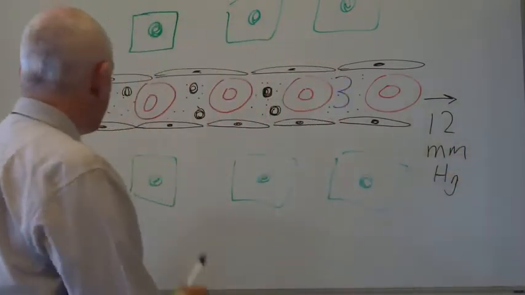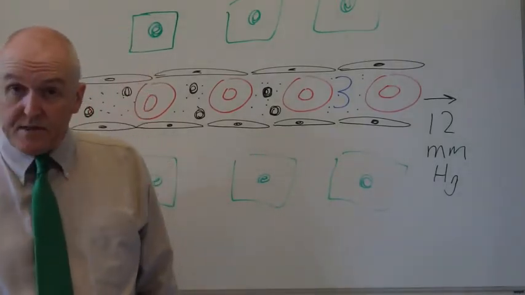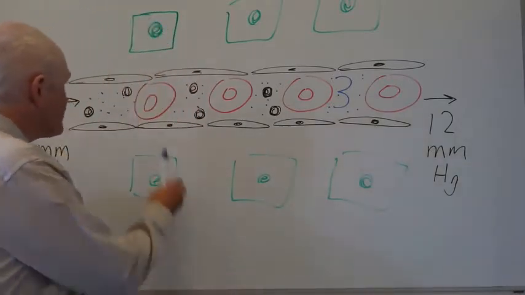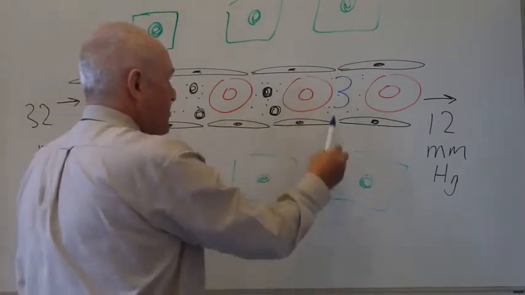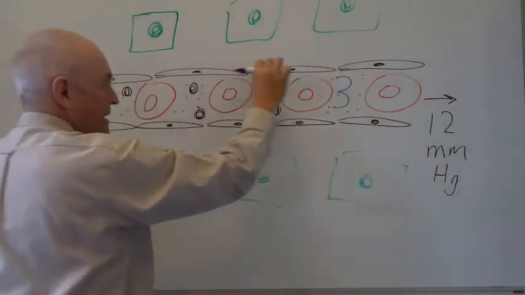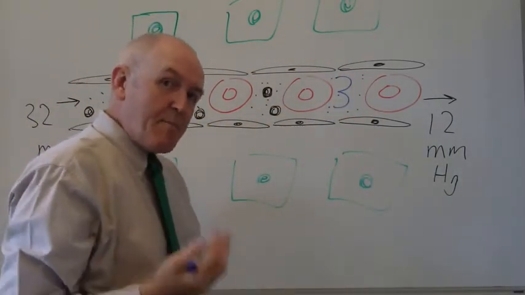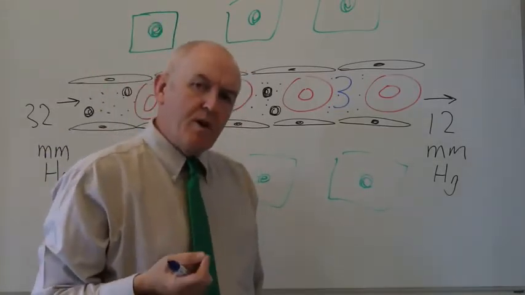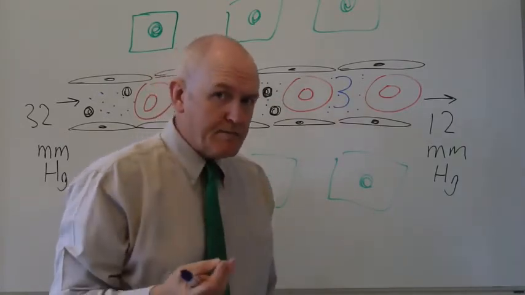So we see that the hydrostatic pressure is going to be higher at the arterial end of the capillary compared to the venous end of the capillary. And we also see that there's small gaps in the endothelial cells, meaning that this capillary vascular endothelial membrane is a semi-permeable membrane. Now, a semi-permeable membrane will allow some materials to pass, but not other materials to pass.